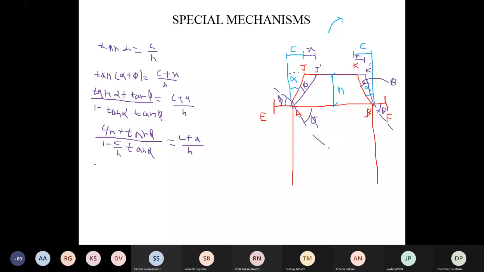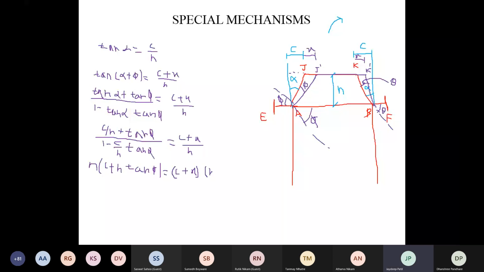Now you will get here H into bracket C plus H tan phi is equal to C plus X, in one bracket, into H minus C tan phi.